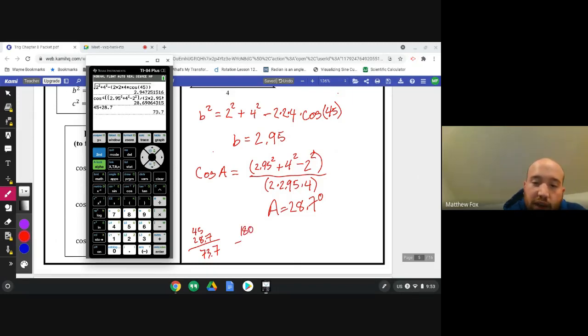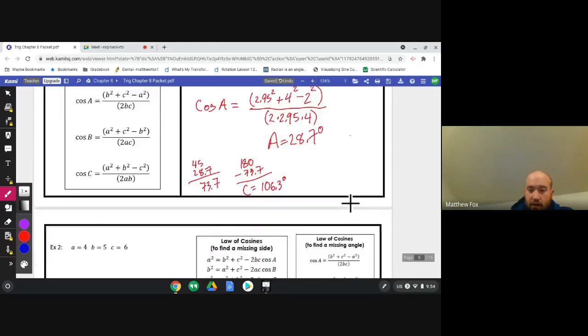So 180 minus this 73.7, and we will get 106.3 as our answer here. And that will be our value for C. Okay, so angle C is 106.3.